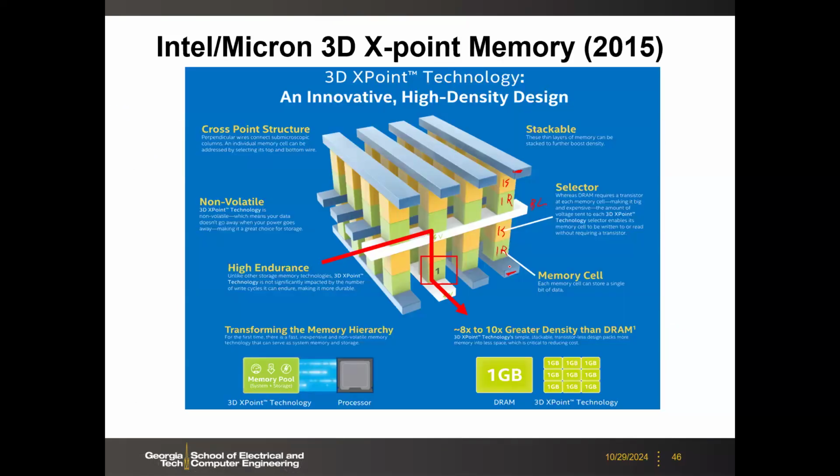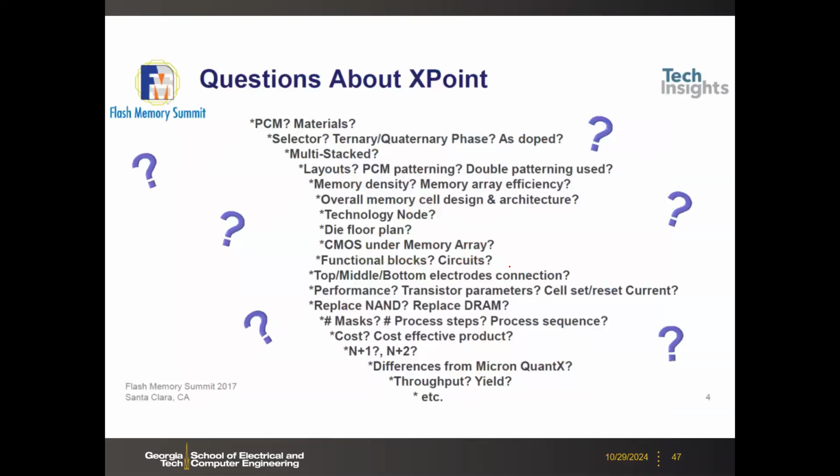When the technology was announced, Intel and Micron didn't disclose too many details, so we had a lot of question marks. And again, this company I showed you many times, TechInsight, does reverse engineering.